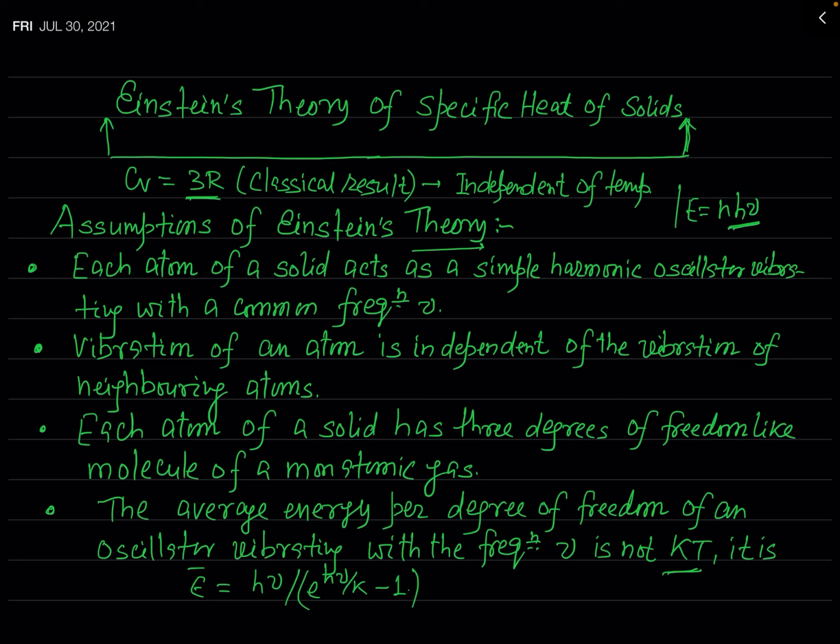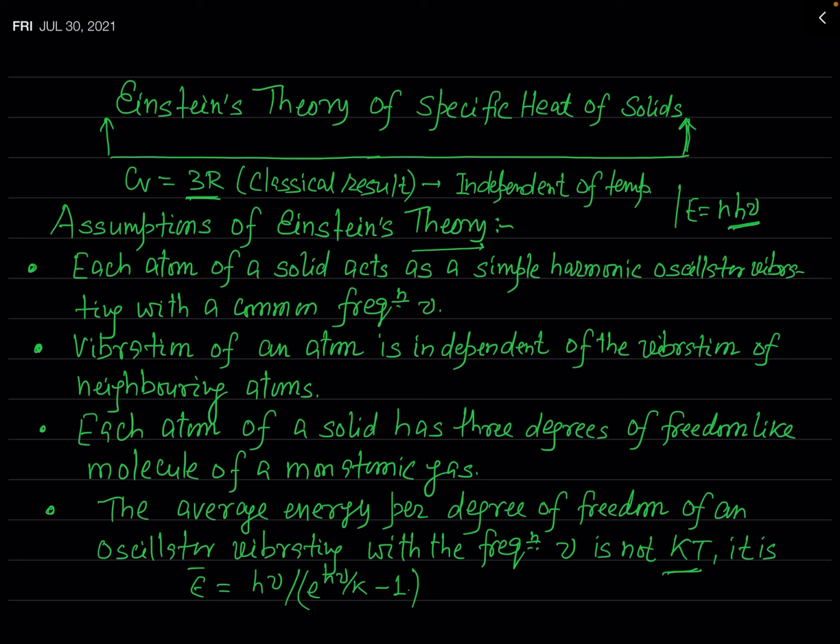According to Einstein's theory, each atom of a solid acts as a simple harmonic oscillator vibrating with a common frequency nu. It means the frequency of each and every atom is the same, monochromatic vibration. And the vibration of any atom is not affected by the vibration of the neighboring atoms.